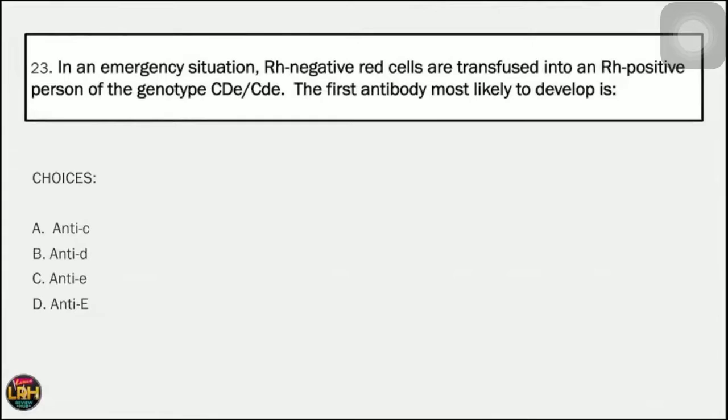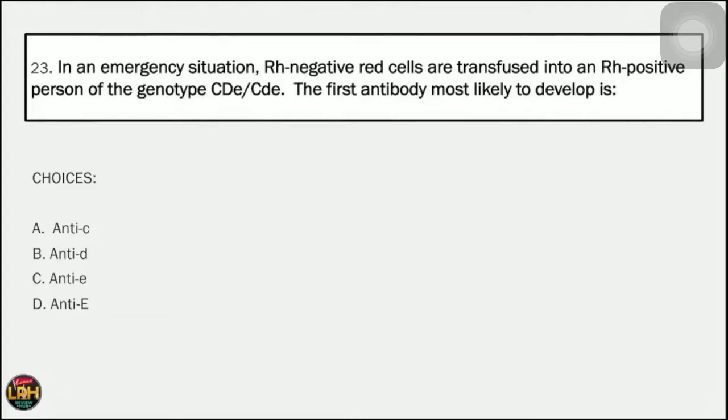For number 23, in an emergency situation, Rh negative red cells are transfused into an Rh positive person of the genotype big C, big D, small e, big C, small d, small e. The first antibody most likely to develop is which of the following?